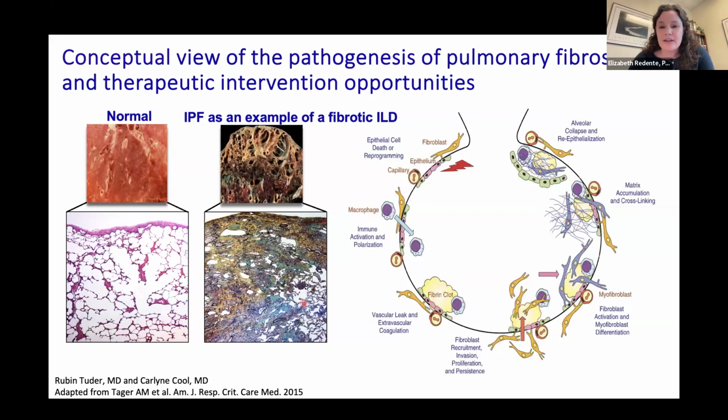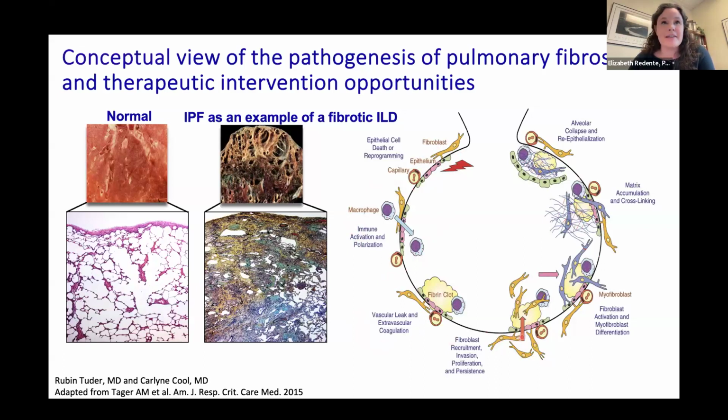On the right, we have a schematic of the fibrotic process adapted from work by Andy Tager. And you can see that there's multiple steps along the pathway to develop fibrosis. There's an initial injury response, which we think is often targeted to the epithelium, an influx of immune cells and programming of these cells, for example, like macrophages. There's activation of the coagulation cascade, so we can prevent leak happening in the lung.